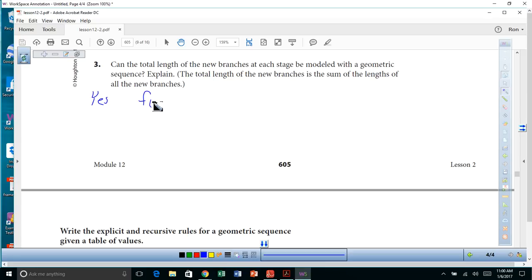f of n equals 1/3 to the n times 2 to the n. Okay, that's 1 and that's 2. And since these both have the same exponent n, we can multiply 1/3 times 2, and that would give us 2/3 to the nth power.